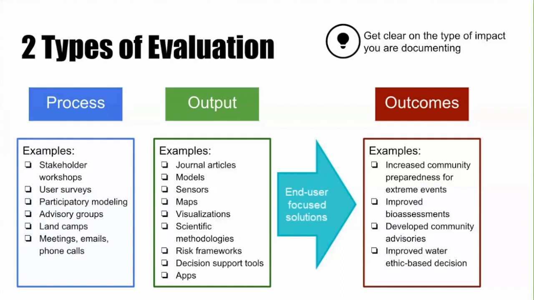And also we wanted to make sure that we're highlighting these different types of evaluations to point out that what you need to be thinking about is the success, the impact of these activities that you're undertaking in an ongoing manner.